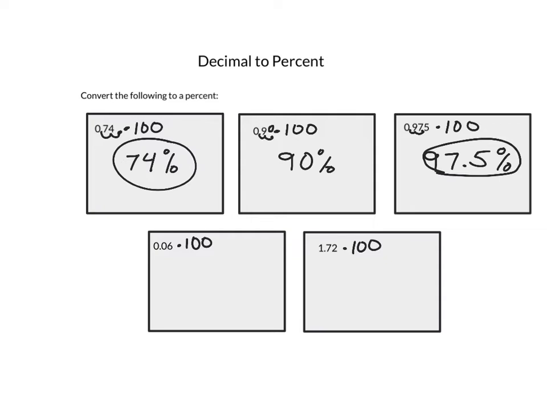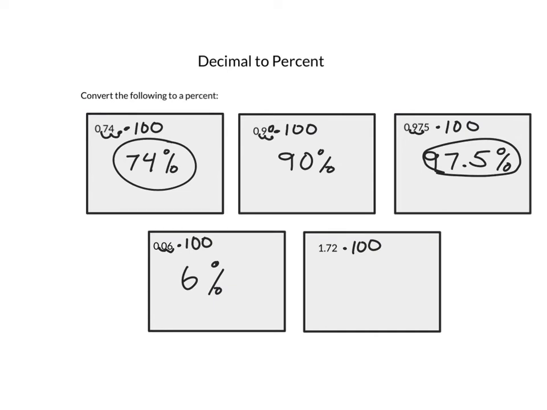Okay? All right, this next one, 6 hundredths. Again, decimal move over twice. This is going to be 6%. Okay, I don't need the 0 in front for it to be like 0.6%. Okay, because we know that we don't need a 0 in front of a number like that, so it's just 6%.